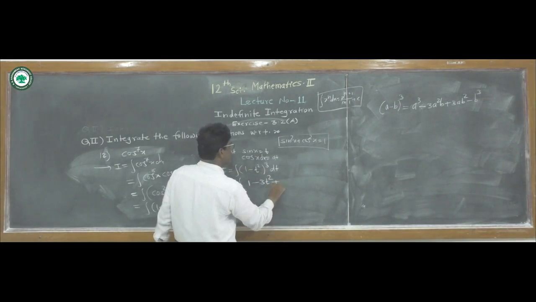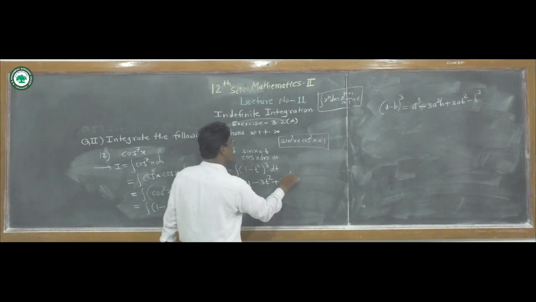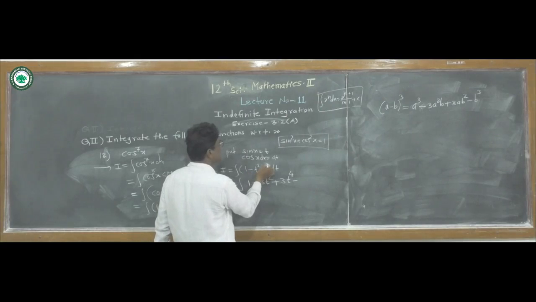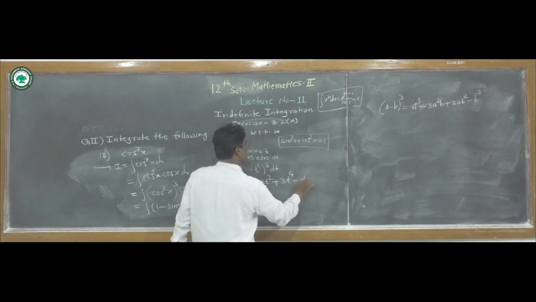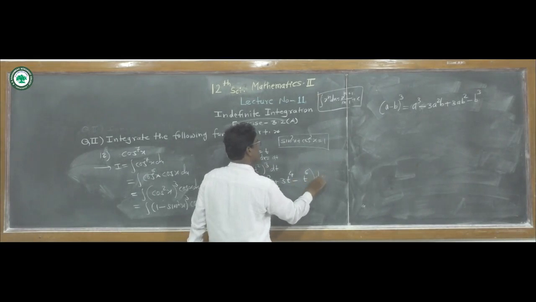Then plus 3ab square, a is 1 and b square, t square to the square, t to the power 4, and minus b cube, b is here t square and its cube, so t square to the power 3, that is t to the power 6, and dt like this.